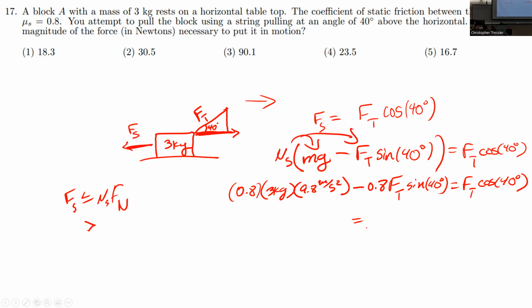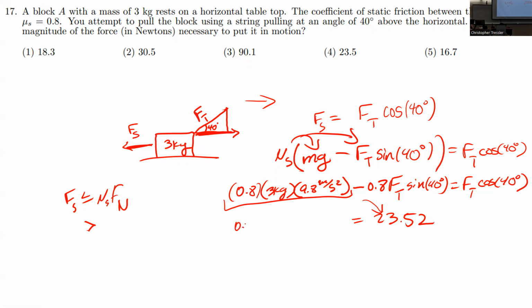We can say gravity is positive as long as this force right here is negative. Or you can say gravity is negative, but then this would become positive, just so you guys know. So we're going to say 23.52 over here. That's what you get when you plug in this. And then we're going to add this over to the other side.